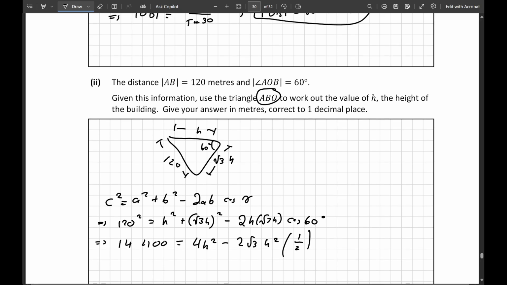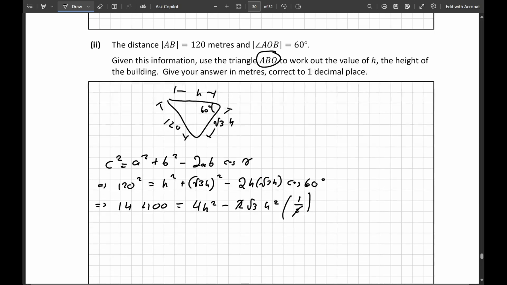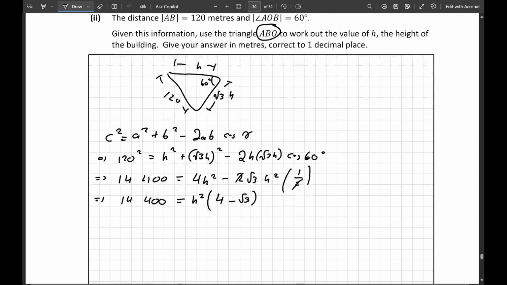So the 2's will cancel. And if I factor out h squared, it'll just be 4 minus square root of 3. So that implies h is 14,400 all over 4 minus root 3, and then that whole thing square rooted.